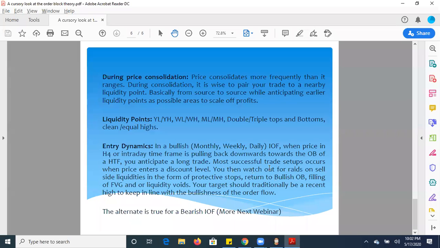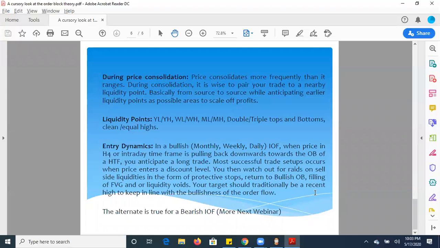So you should then watch out for raids on sell side liquidities in the form of protected stops, return to bullish order blocks, filling of fair value gaps or liquidity voids, and the likes, right? For your continuation trade. So if price has traded from the 4-hour into your order block on the higher time frame, you should be able to spot out fair values, liquidity voids, or where you think the retail traders will have their protected stop.